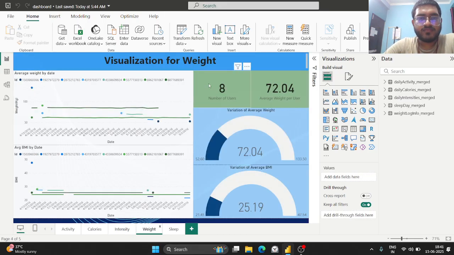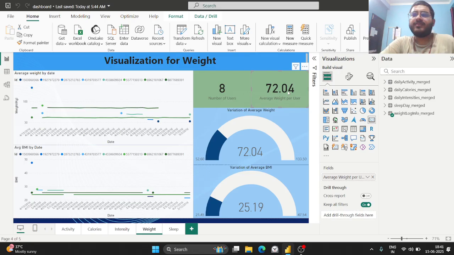For the weight, the number of users we have was 8, and the average weight per user was 72 kg. This was expected because people who are overweight mostly tend to go to such companies to improve their health. The variation of average weight, the average was 72.04 as stated before.